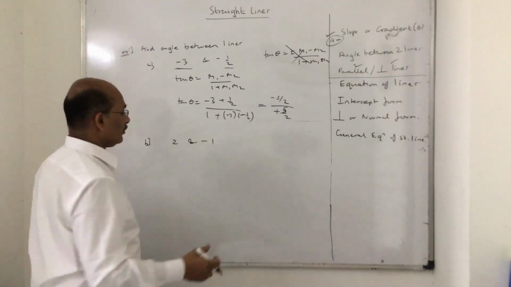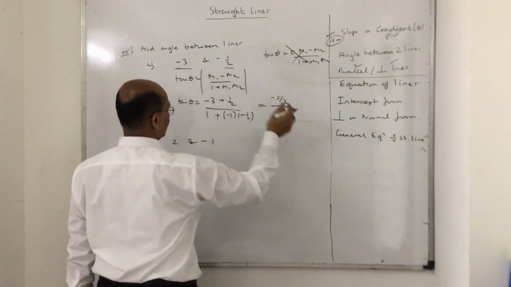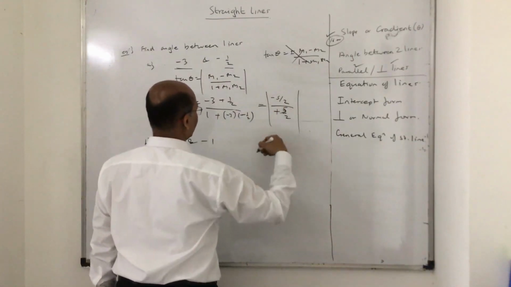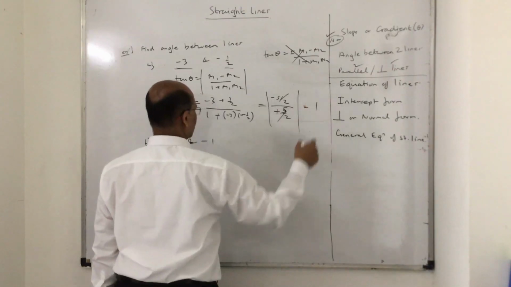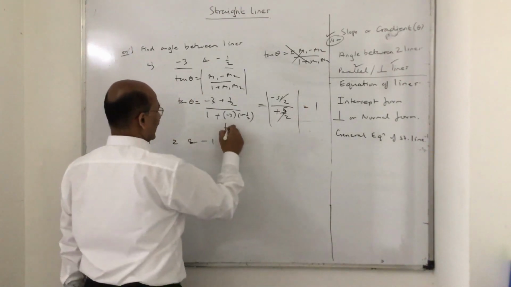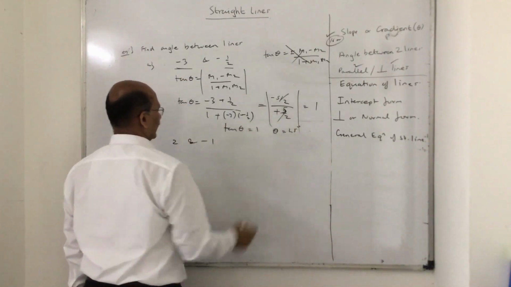I suggest you always remember, you can put the modulus sign here because it is plus and minus both. So 5 upon 2 divided by 5 upon 2 is nothing but 1. The modulus of this is 1. So if tan theta is 1, tell me, theta is equal to 45 degrees.